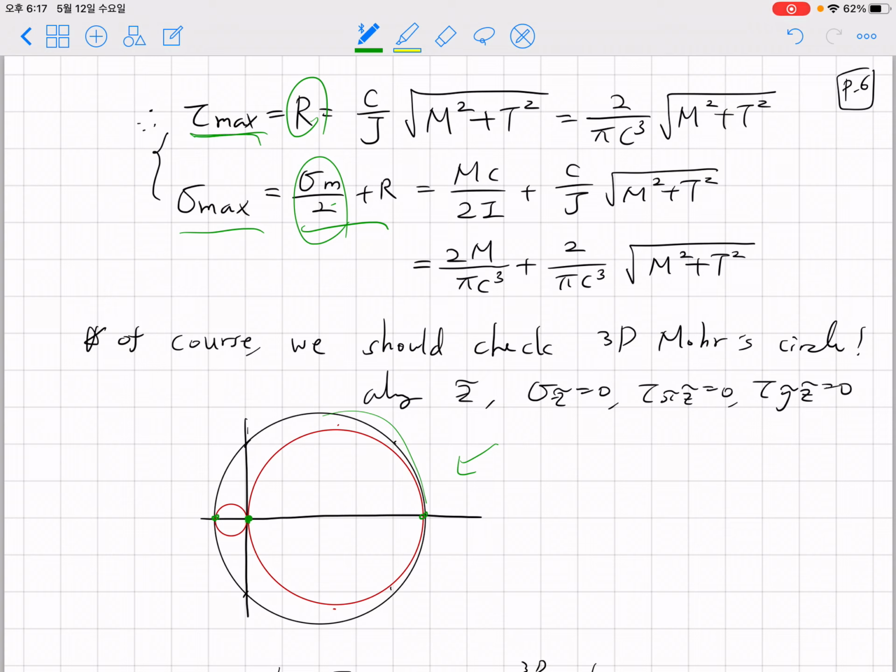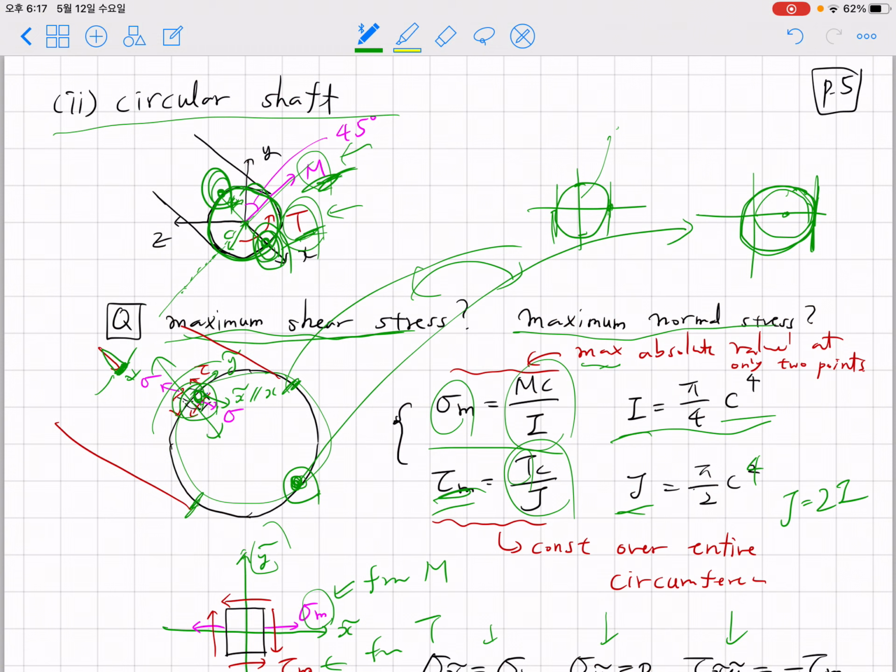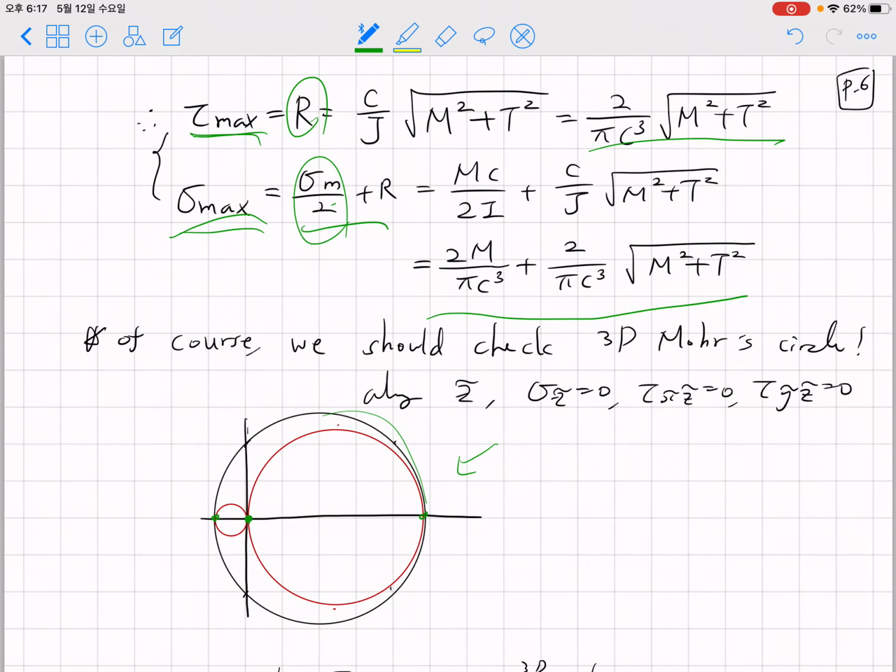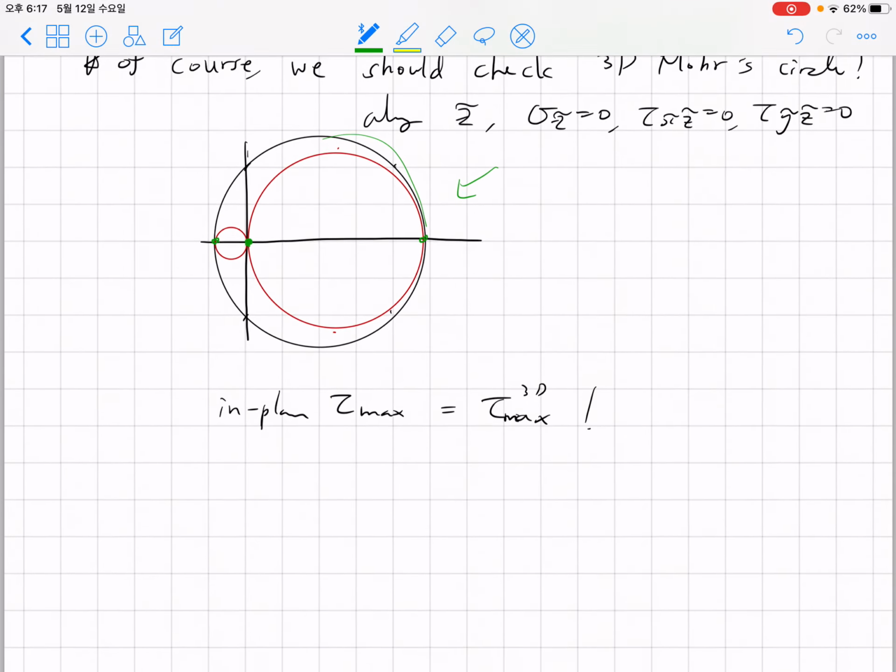Tau max is given here, sigma max is given here, and this is what we have as a function of the given variables. The given variables here are M, T, and c, and we can write everything in terms of M, T, and c. Of course, J and I can be written as functions of c. So this will be our final answer for the circular shaft problem. Okay.